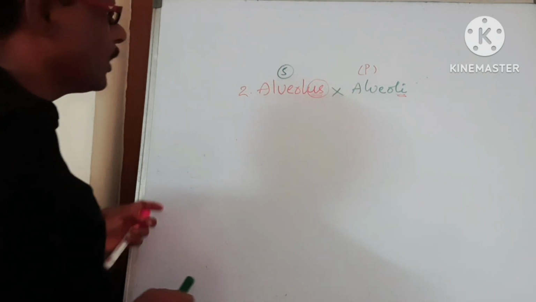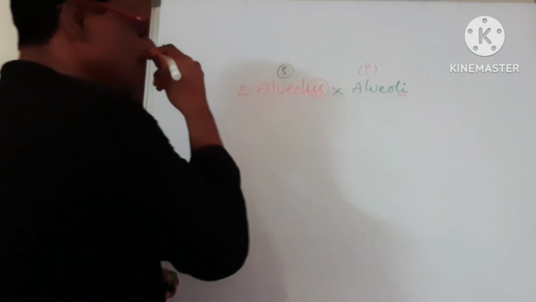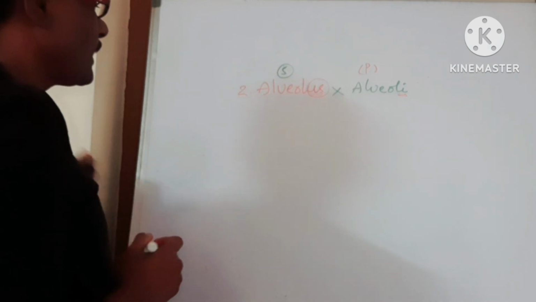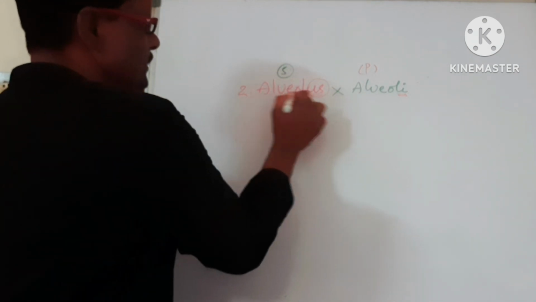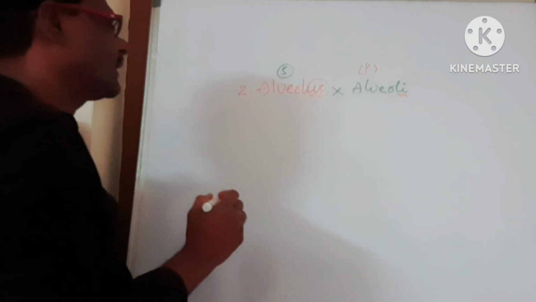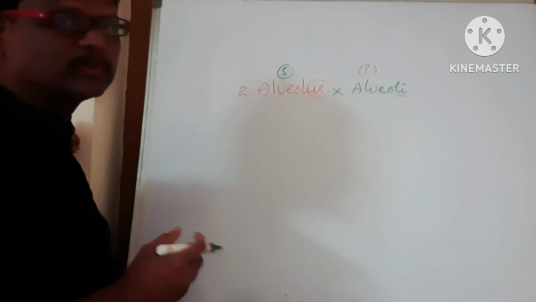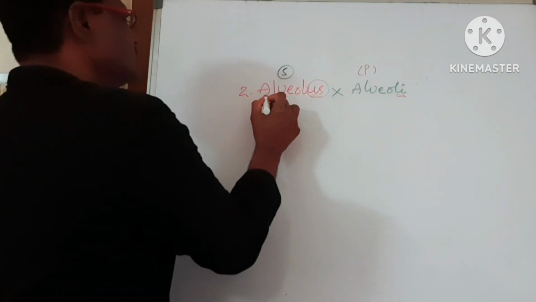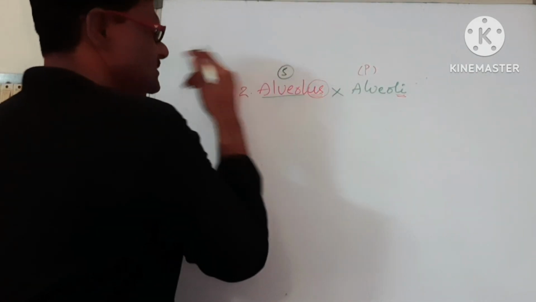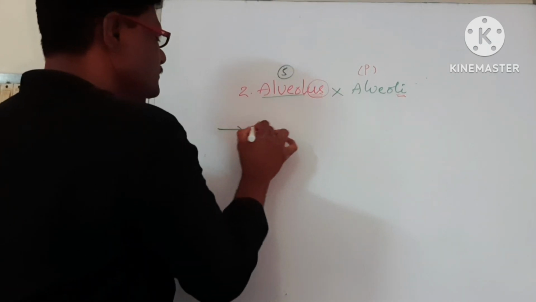Let's discuss now alveolus. The plural word is alveoli. So where have you heard this word alveolus? Actually, this word comes under the structure of lungs. Write that as alveolus.